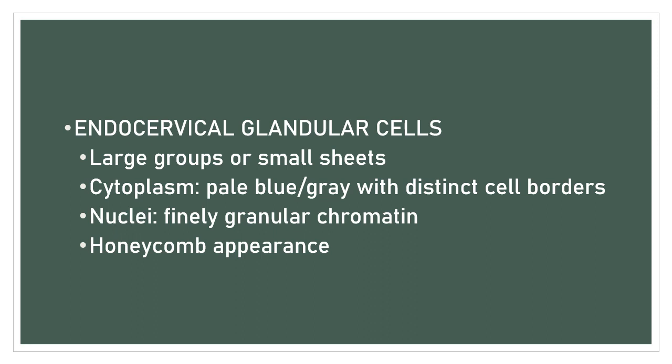The cytoplasm of these is usually stained pale blue or gray and is finely vacuolated, with indistinct cell borders and nuclei with finely granular chromatin. They have this honeycomb appearance.